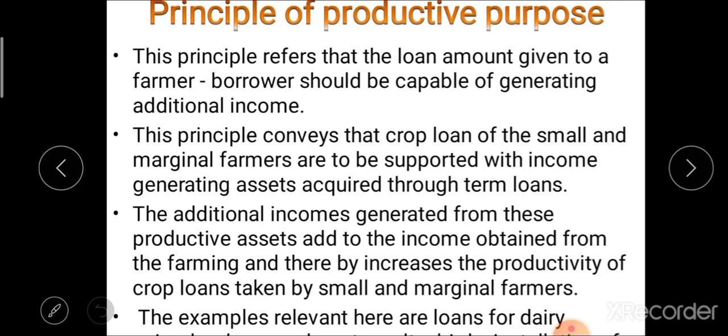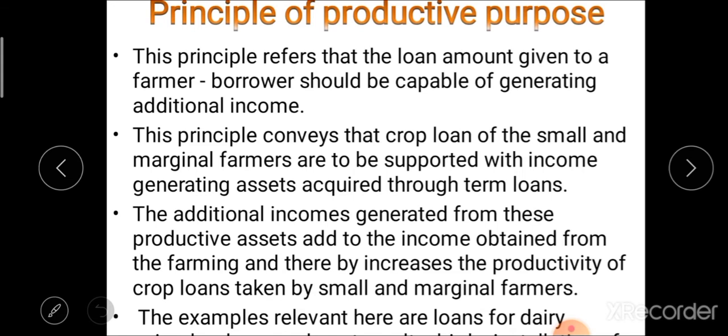This principle of productive purpose, in short, shows that whatever credit is borrowed from the bank must be used for productive purpose only. That means avoid the use of credit for consumption purpose, because if credit is used for consumption purpose, the crop loan or any type of loan does not generate sufficient income and fails the repayment of that particular loan.